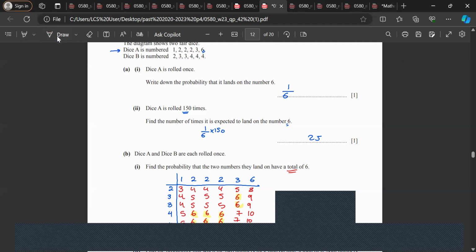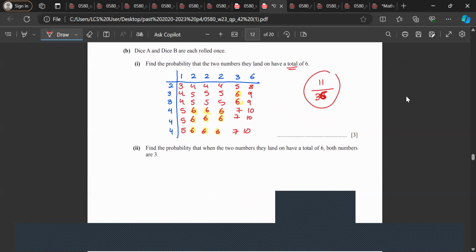How many are they? 1, 2, 3, 4, 5, 6, 7, 8, 9, 10, 11. Out of how many outcomes? If you counted all of them, it will be 36. Any problem? Okay.